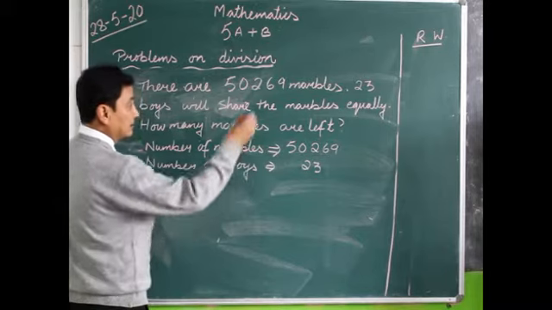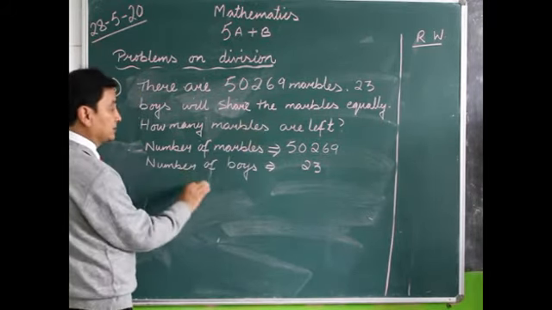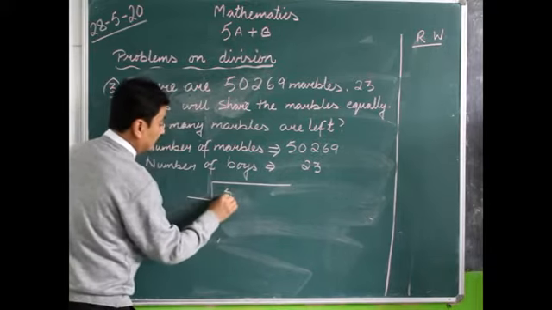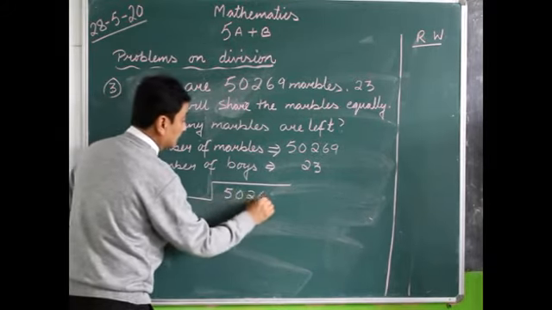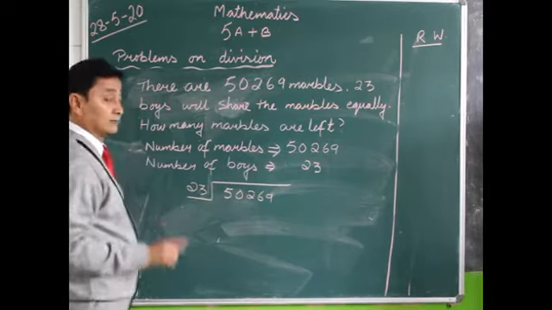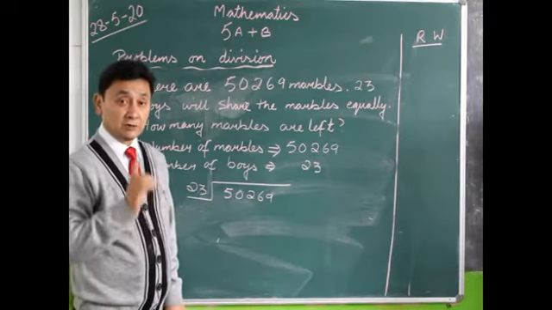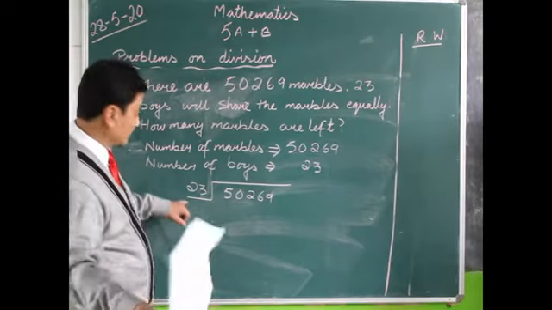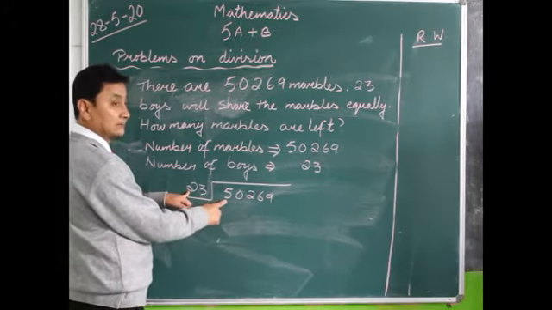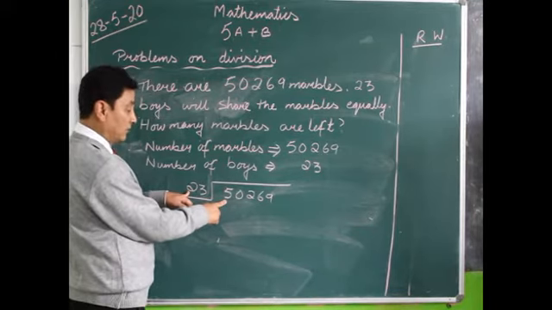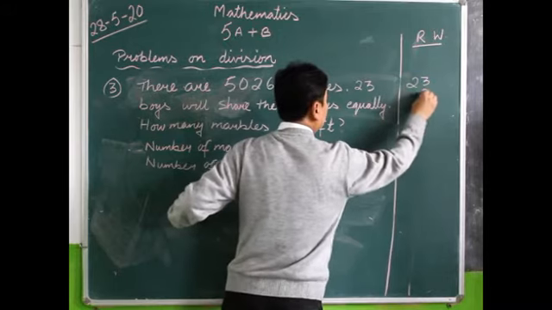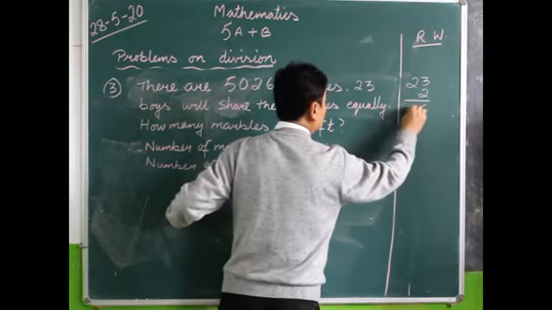This working out can be done in a rough column, but it's better to do it below this one. So 50269 divided by 23. Remember the trick from the last time I taught you? Take the first 2. 2 will go into 5 how many times? 2 2s are 4. Okay, let's try with 2 only. 23 times 2: 2 3s are 6, 2 2s are 4.